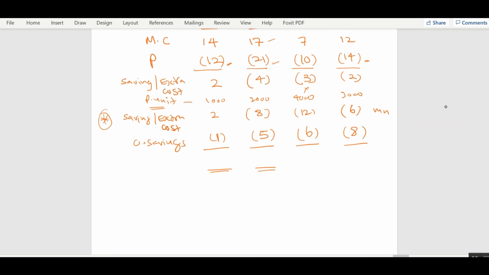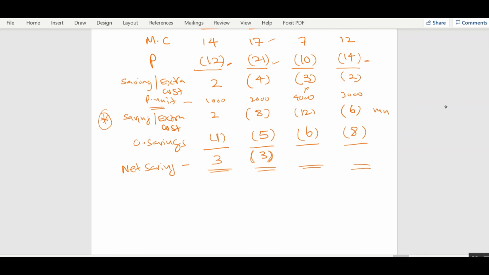When you take the difference, 2 minus 1 will be 1 million, the net saving. 8 minus 5 will be 3 million extra cash outflow.